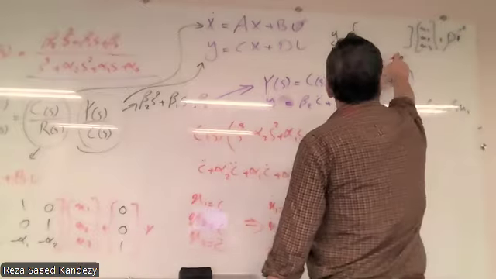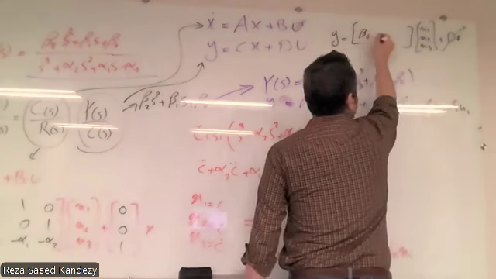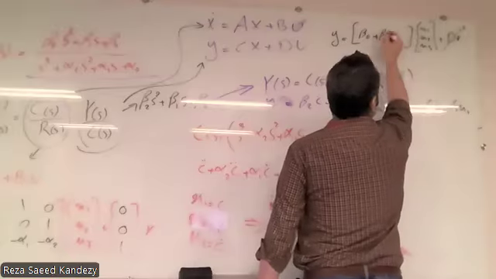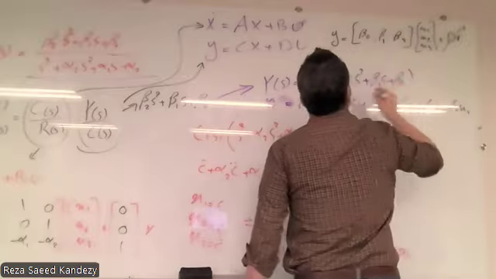Okay, and our C matrix, as you can see, is beta 0, beta 1, and beta 2.